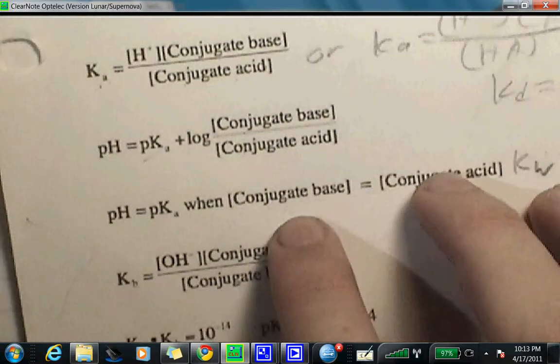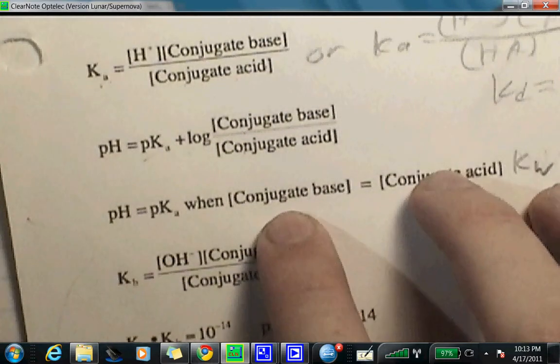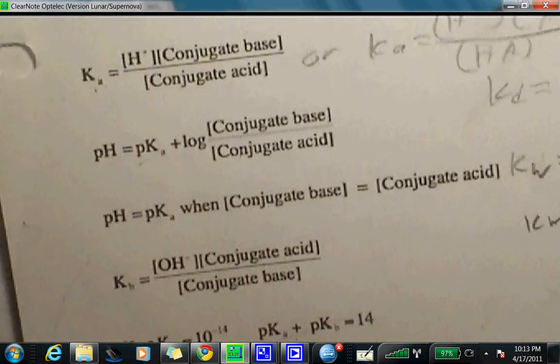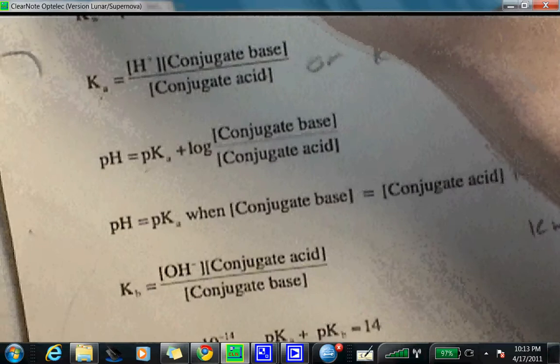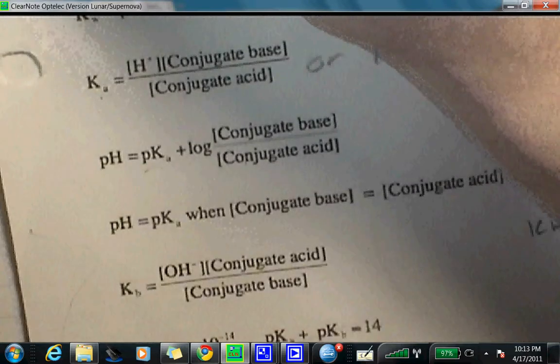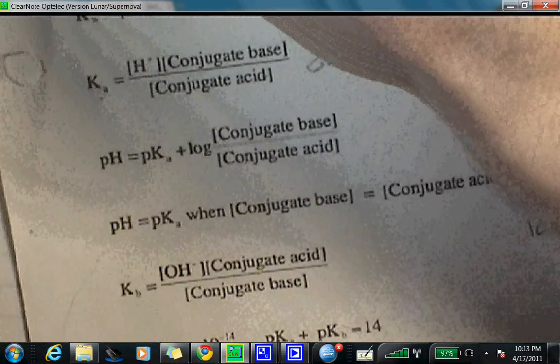Now, if we look at page 39 in the Gary Grisham, we notice that the pKa is 7.2.